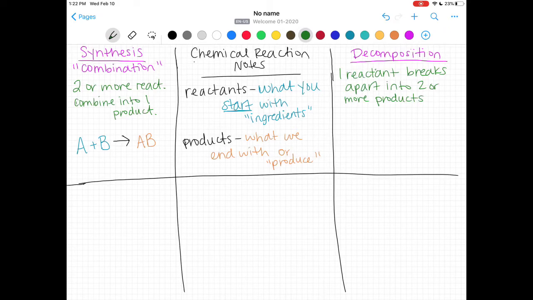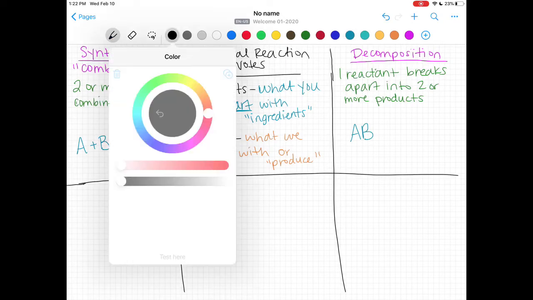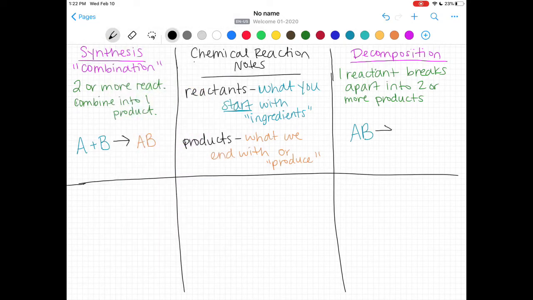So this is basically the opposite of synthesis. Okay, so there's my reactant. Okay, and then my products, I'm breaking it apart. So instead of just one compound, I have two different substances.